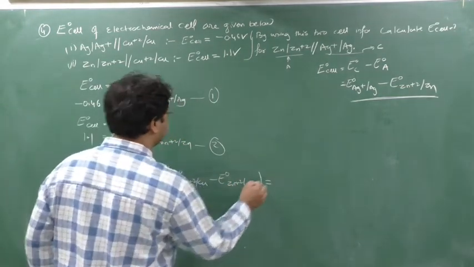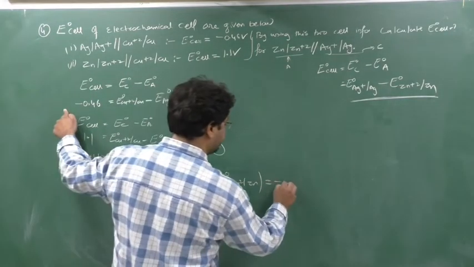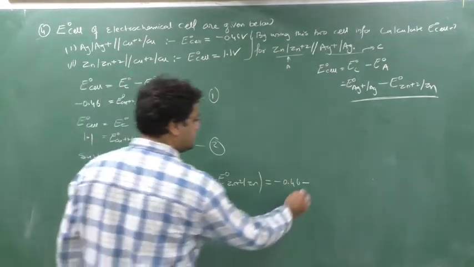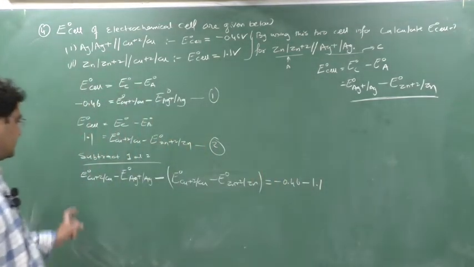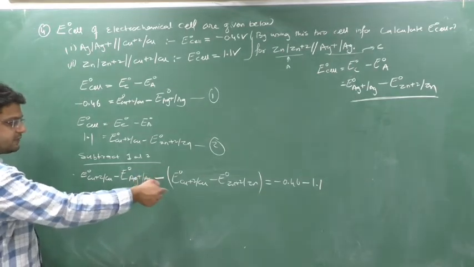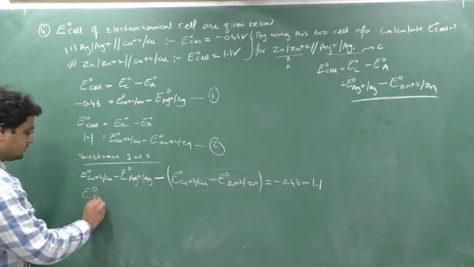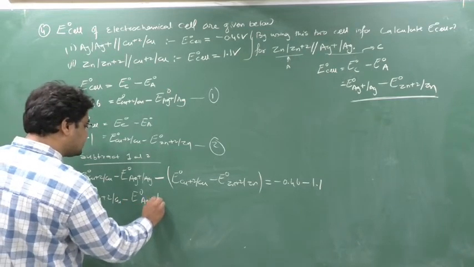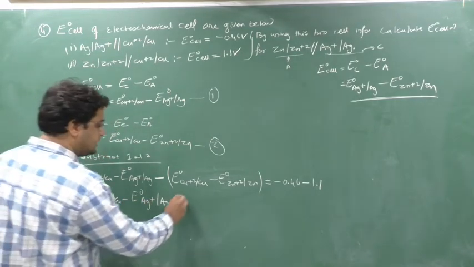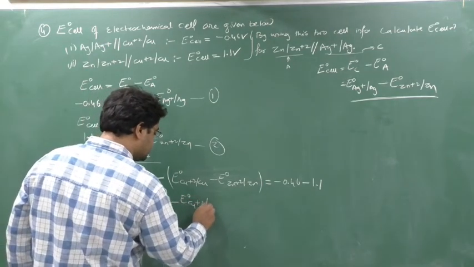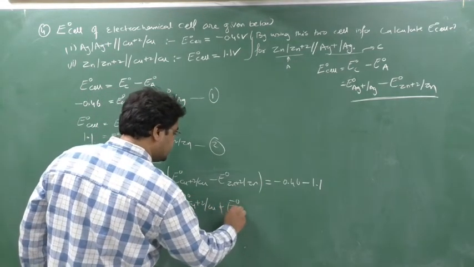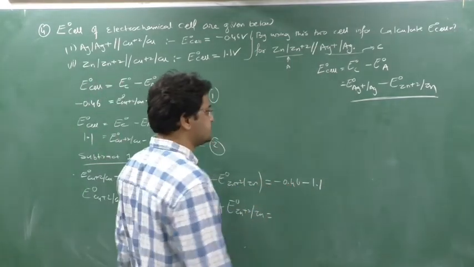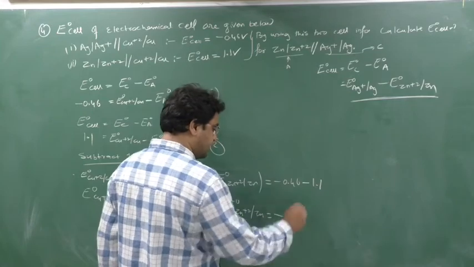equal to, which is the first value? First is minus 0.46 minus 1.1. Now see here. Minus comes means bracket comes, no? So E0 Cu+2/Cu minus E0 Ag+/Ag minus E0 Cu+2/Cu plus E0 Zn+2/Zn. Minus here plus minus addition and the sign remains minus.